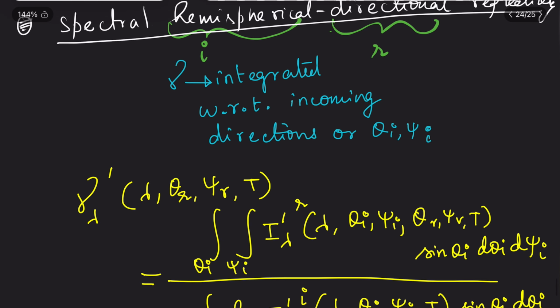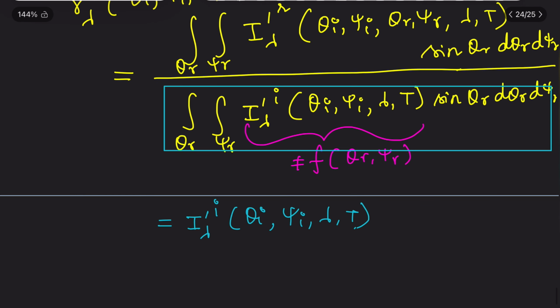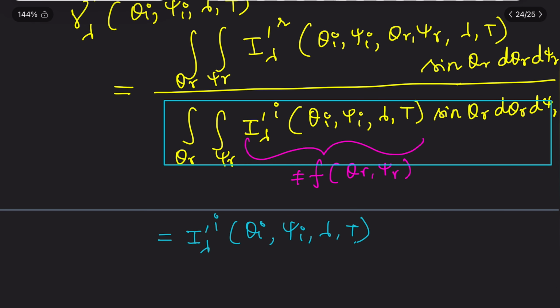Now here again you have to multiply cos theta i, and cos theta i here also. Here again you have to multiply a cos theta r, here also a cos theta r, clear?